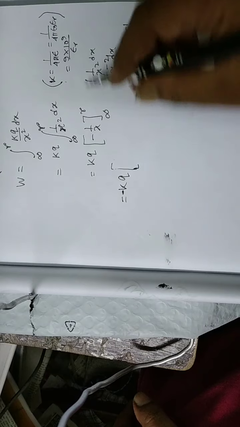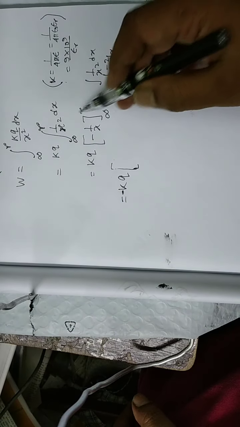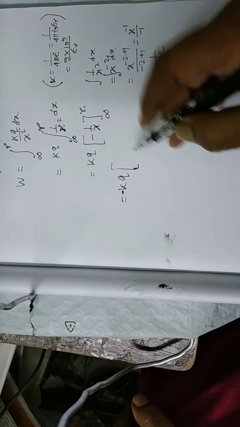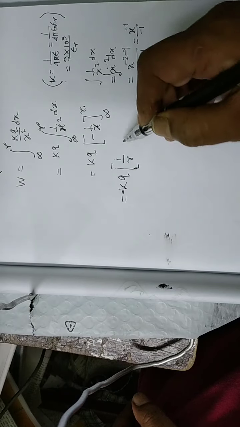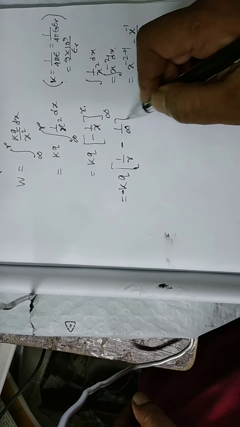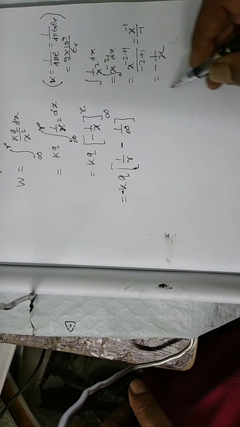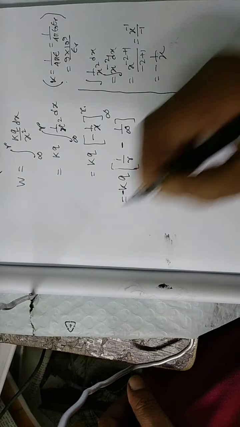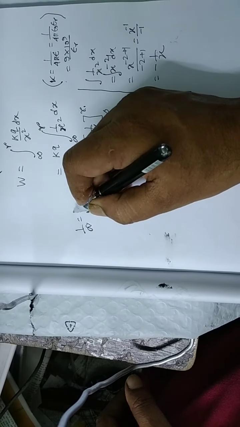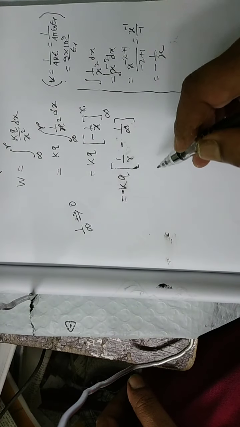We know that for a definite integral, we put the upper limit for x. So 1 by r minus 1 by infinity, right? Now 1 by infinity means 0. 1 by a large value tends to 0, so this is no result.